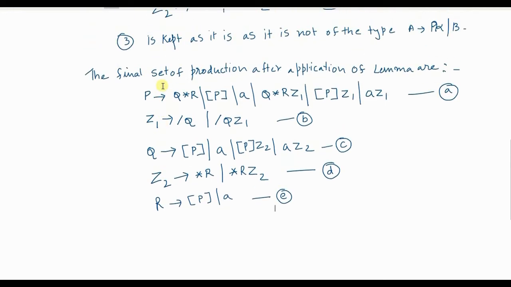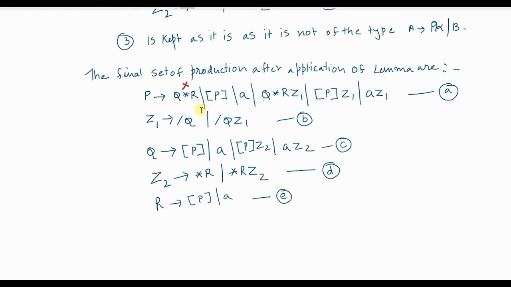Now let's find out which terms are already in GNF. Is the first term here in GNF? A term is in GNF if it starts with a terminal followed by n number of non-terminals. However, here the multiplication sign, or into, is a terminal that occurs in between Q and R. So the first term is not in GNF.